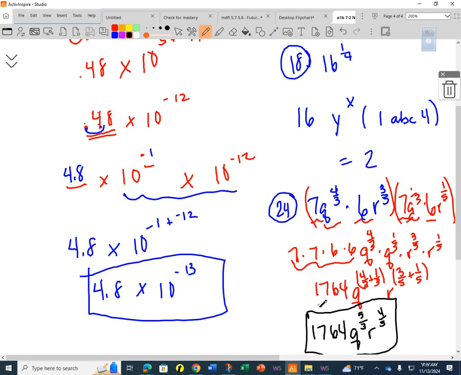Any questions? I think we covered everything I did in first period. 28, 30, and 32, those are kind of like puzzles. You're going to figure out what's going to go in that box. I'm not going to do one of those. You guys should do your best. Remember, think of it as a puzzle.